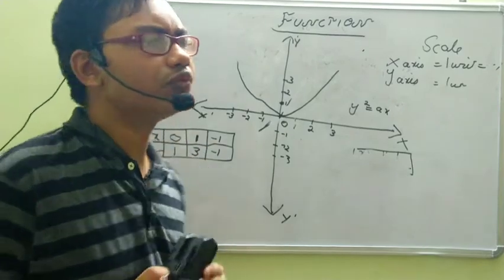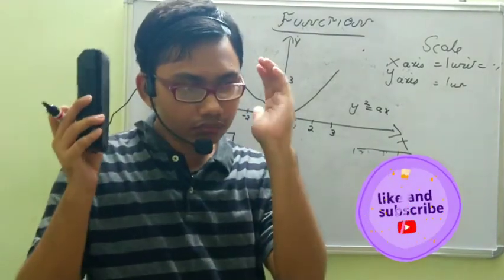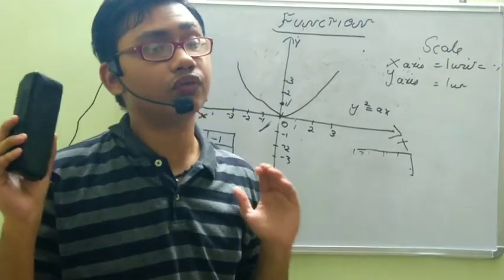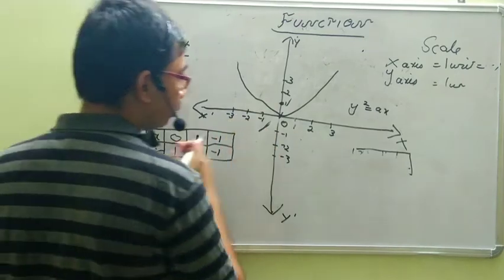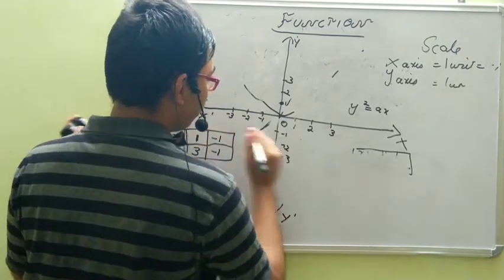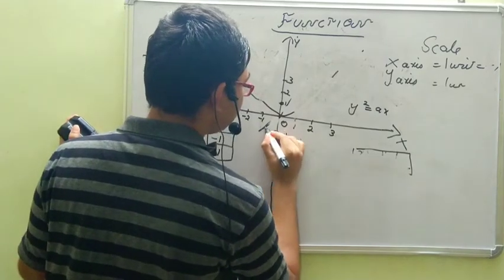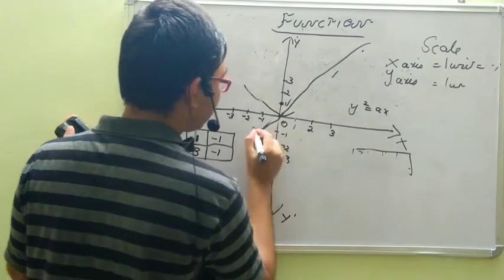Graphing is very important regarding the concept of functions because it will give you a clear idea of how the function will behave. Here we took only 3 values: 1, -1, 0, 0 and 3, 1. And we are extending here and here.